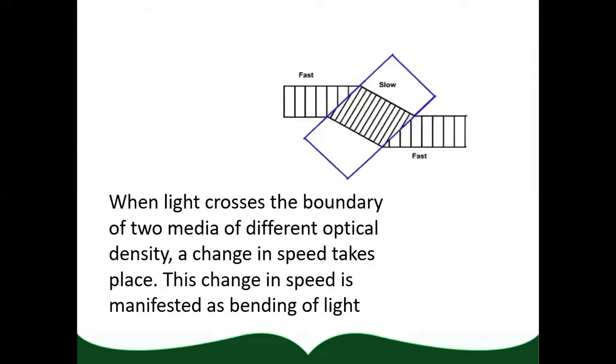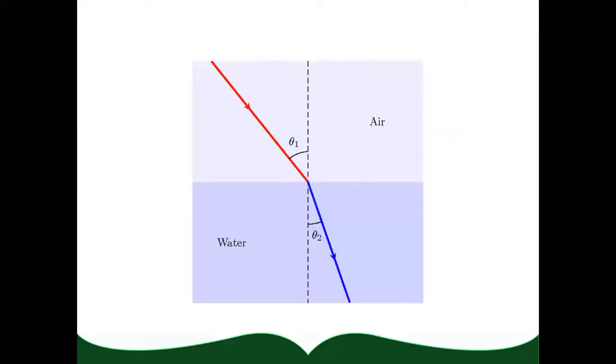When light crosses the boundary of two media of different optical density, a change in speed takes place. This change in speed is manifested as bending of light. For instance, if light travels from air to water, air has a lower optical density than water, so when light strikes the boundary, there is a change in the speed of light.